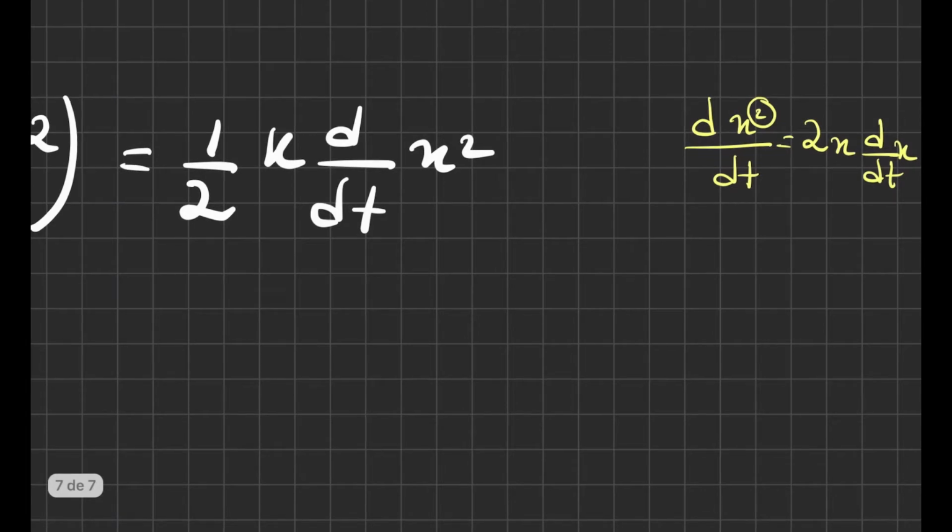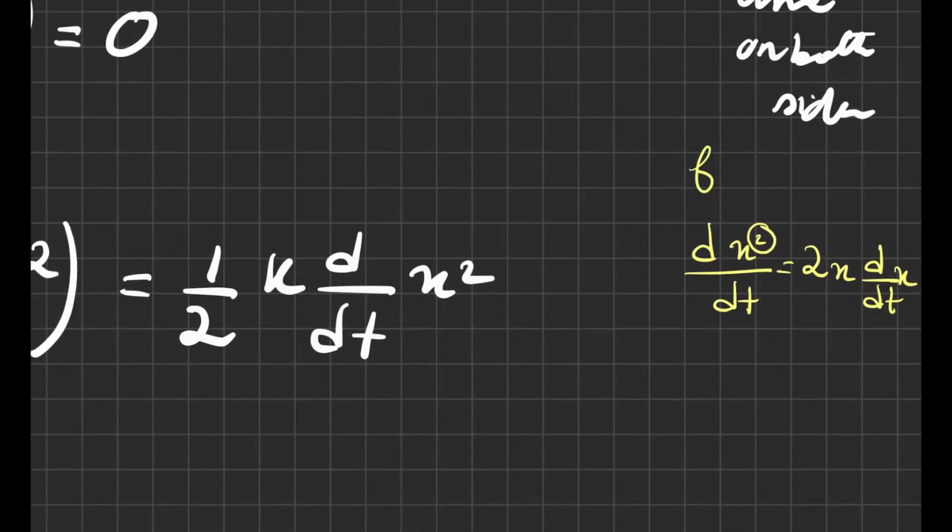Okay, it's the same thing as what's the derivative of f squared of x? It is 2 f of x f prime of x, right?